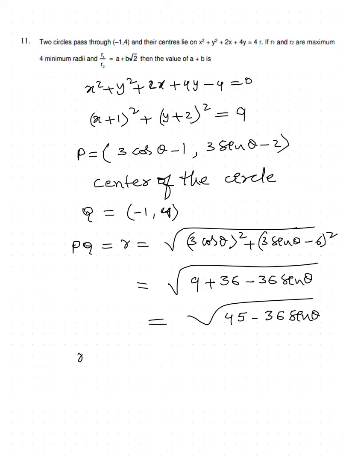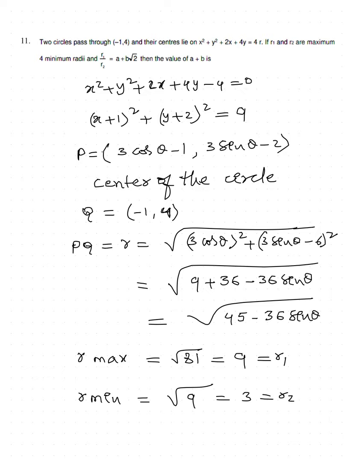Now R maximum is when sin theta is minus 1, so you get R maximum, which is under root 81, equal to 9. We will take this as R1. R minimum is when sin theta is maximum, sin theta equal to 1, so under root 45 minus 36, which is 9, equal to 3.